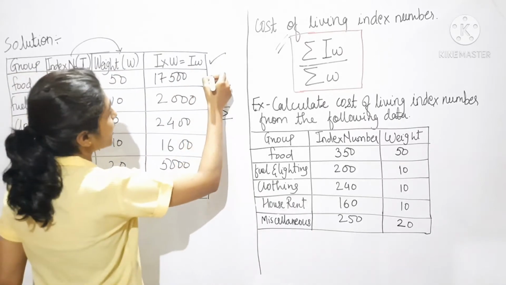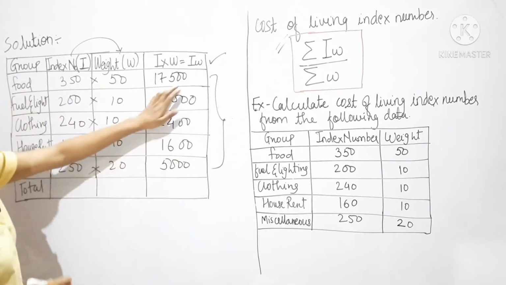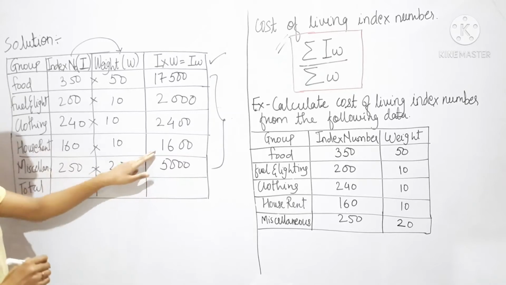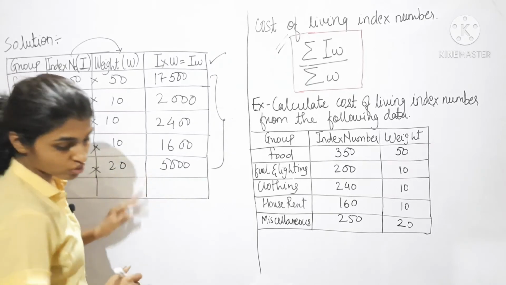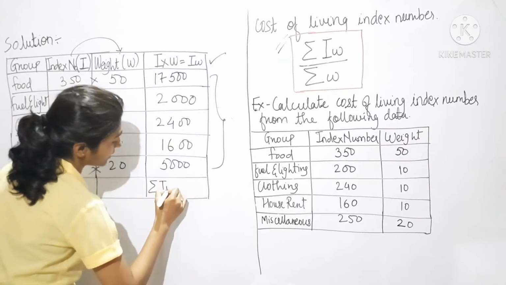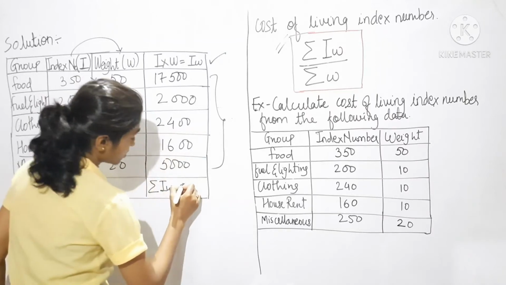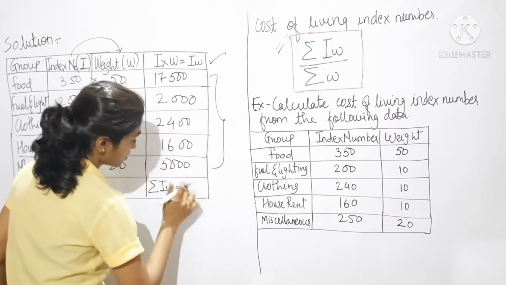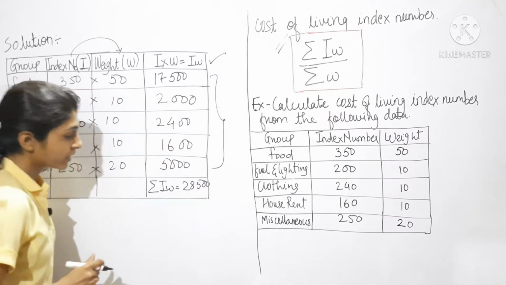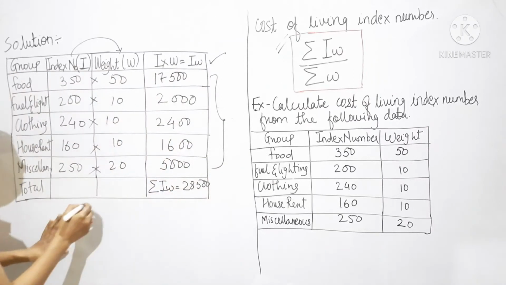So add all these: 17,500 plus 2,000 plus 2,400 plus 1,600 plus 5,000. The total, summation IW, is equal to 28,500.